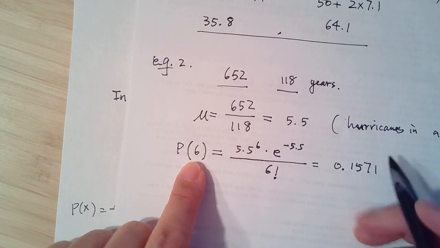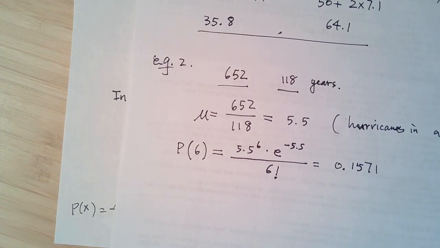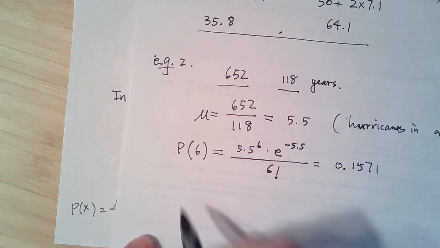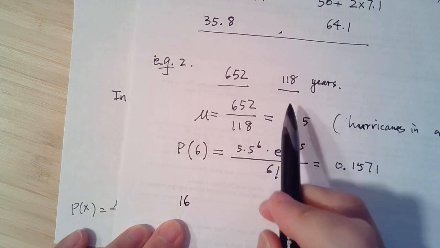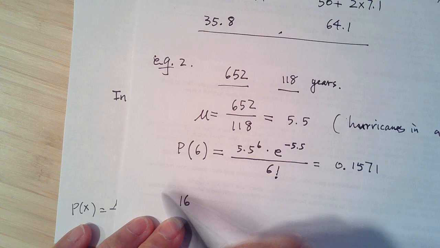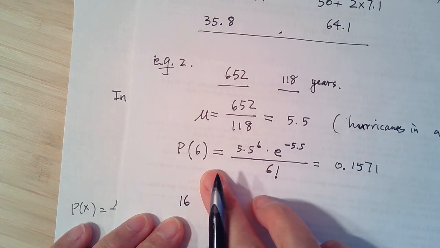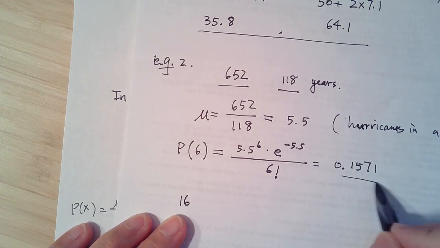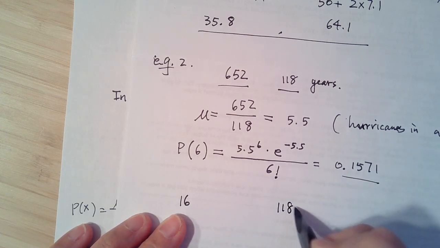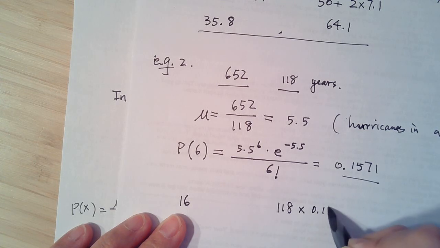The next question: there are exactly 16 years out of these 118 with 6 hurricanes. What do you think? If the chance is this, let me use 118 times 0.1571, and I get 18.5.